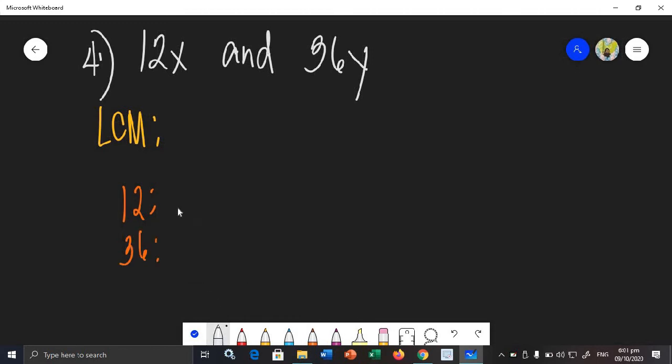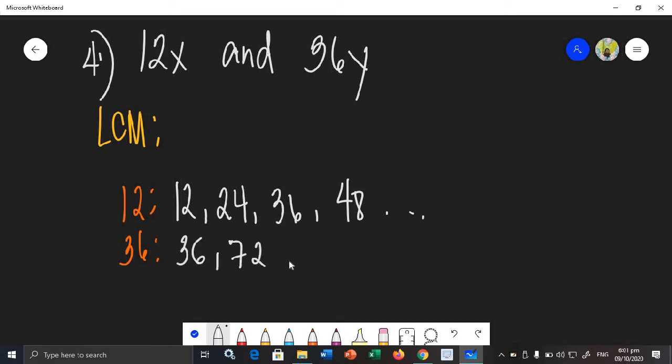We have 12, 24, 36, 48, and so on. For 36, we have 36, 72. Stop right here. They already have a common multiple, that is 36. Therefore, that is the LCM of 12 and 36. So, let's write 36.